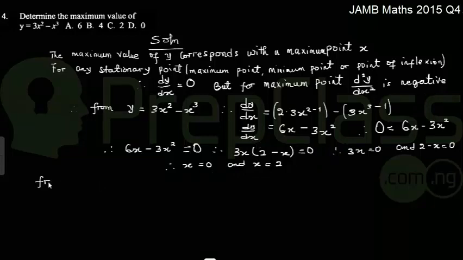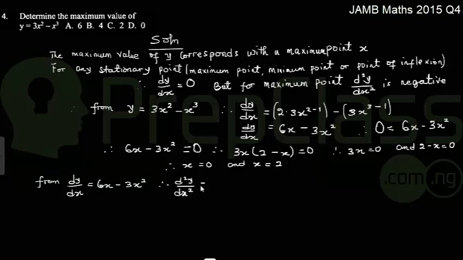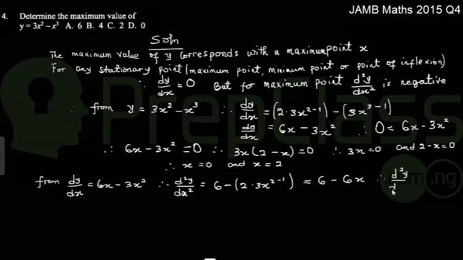So from dy/dx, which is equal to 6x minus 3x squared, we can say that the second derivative of this function, d squared y over dx squared, will become, differentiating 6x will give me 6 minus, differentiating 3x squared, that will be 2 times 3x raised to the power of 2 minus 1, and that will be equal to 6 minus 6x.